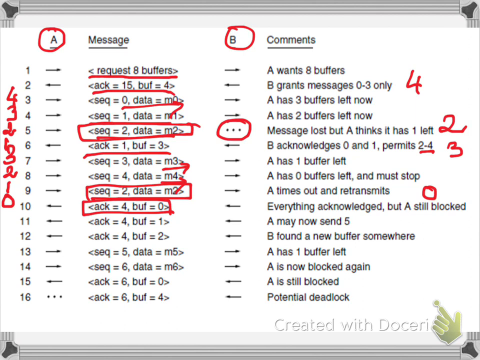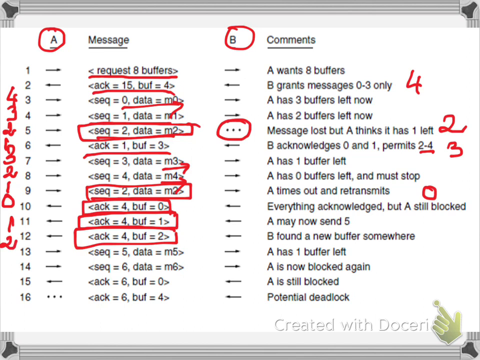Then after some time, another advertisement is sent. It acknowledges 4 and buffer is 1. So now A can send 1. But before A can send, B finds some more buffer space and says buffer space is 2. So buffer space would be incremented to 2.